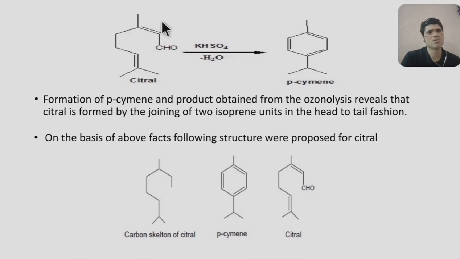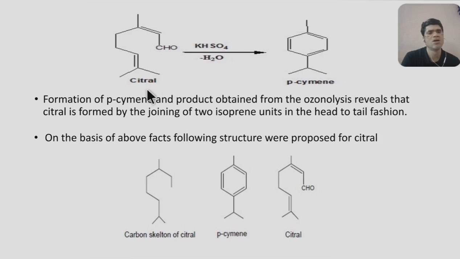When citral is treated with potassium hydrogen sulfate, we get p-cymene, which is a cyclic compound. Hence the formation of p-cymene and the products obtained from ozonolysis reveal that citral has an open chain structure and is formed by joining of 2 isoprene units in head to tail fashion.